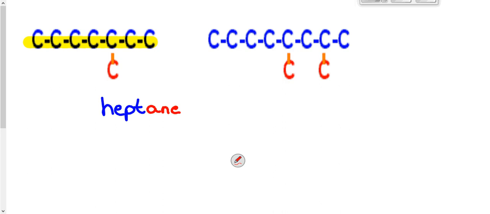My parent chain is called heptane. Now, after I've highlighted the longest chain I could find, I notice that there is a branch sticking off. My branch is only 1 carbon long. It is a methyl branch. Meth, because it is a 1 carbon long branch, YL lets us know that it is a branch, methylheptane.